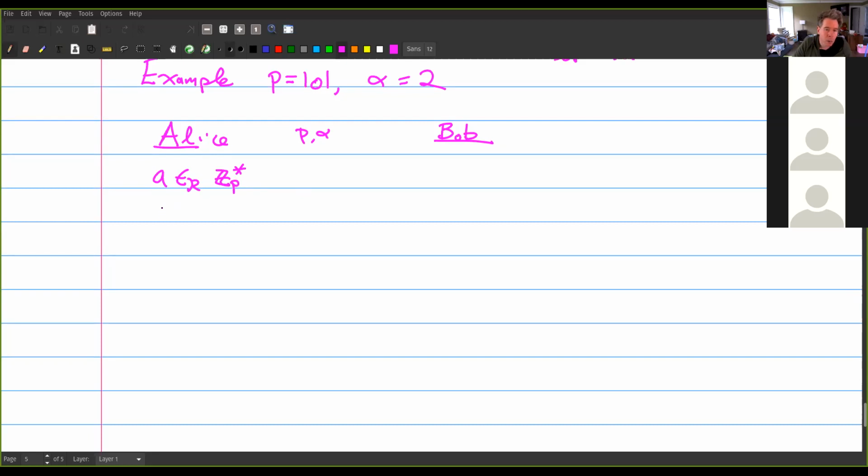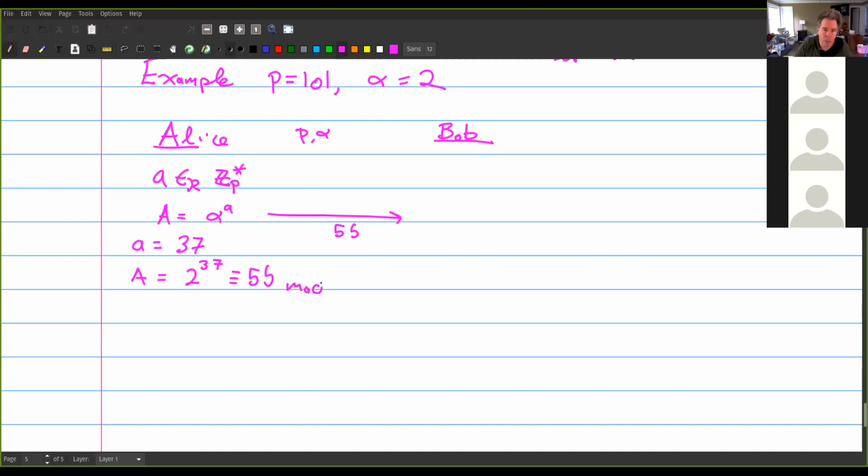And then she computes her public key, which is alpha to the a, and she sends it over to Bob. I've picked some actual numbers here just for the sake of example. Let's say a is equal to 37. Then capital A is going to be equal to 2 to the 37th, which is 55. So she sends over 55.